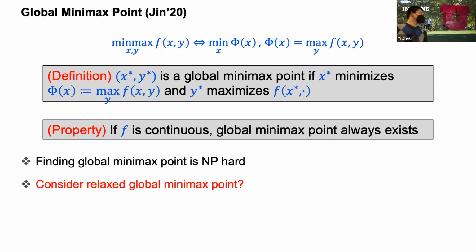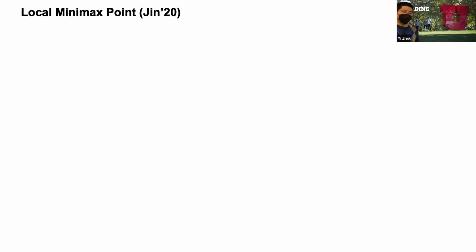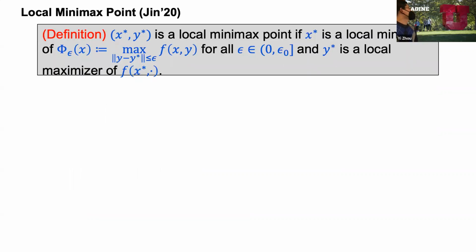So the idea here is to consider relaxing this global minimax condition. So instead of global minimax, we can consider this surrogate definition, which is called the local minimax point.